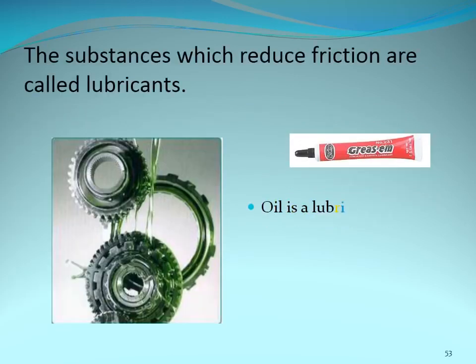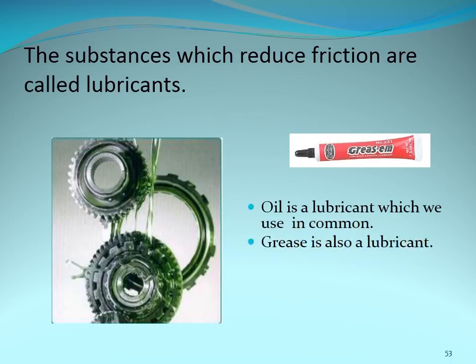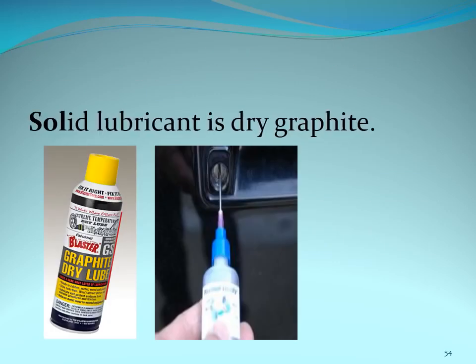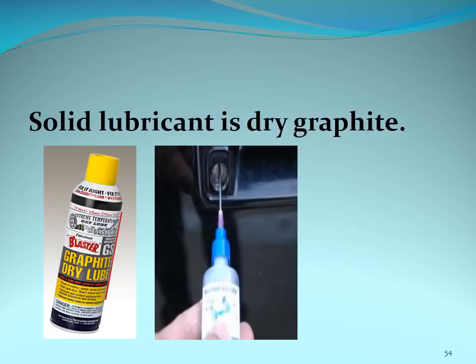The substances which reduce friction are called lubricants. Oil is a lubricant which we use commonly. Grease is also a lubricant. These lubricants reduce friction between two surfaces. Like a liquid lubricant, there is a solid lubricant also.